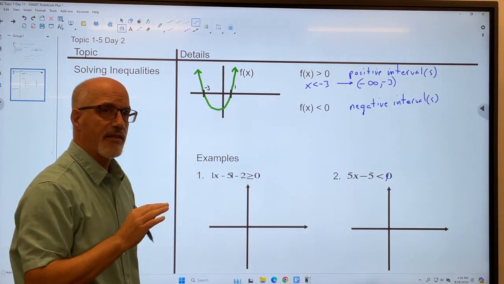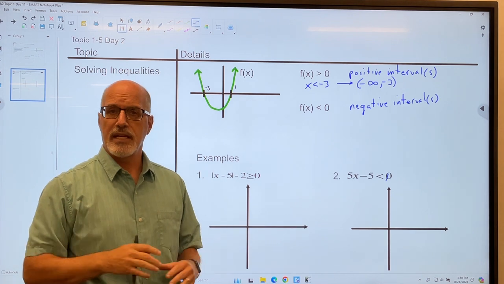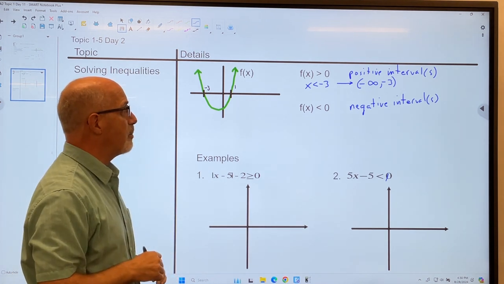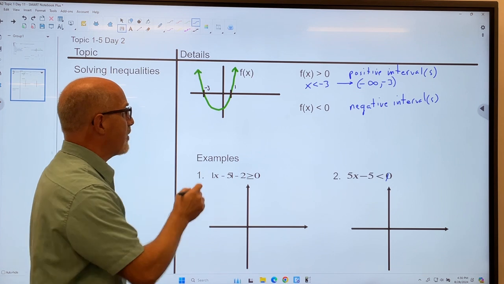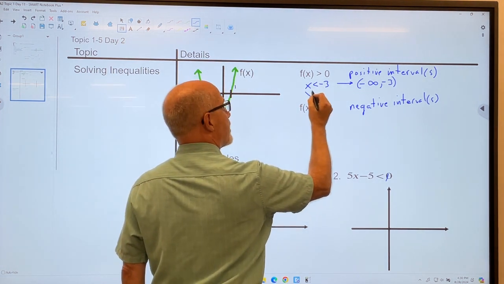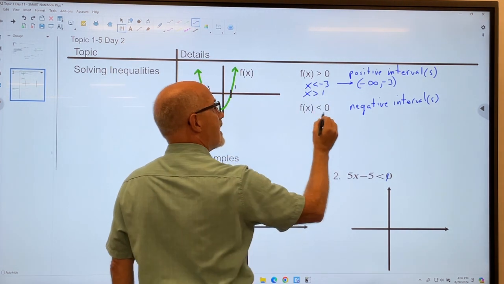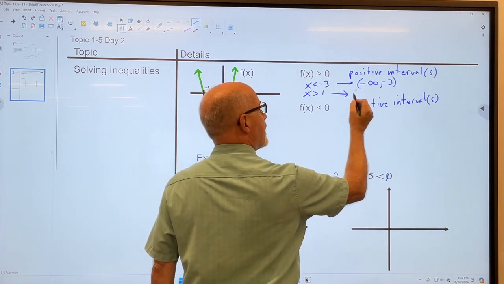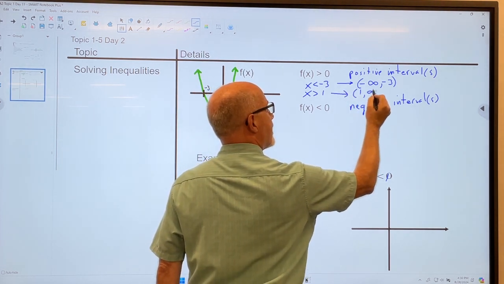Now remember, -3 is a zero, so it's not going to be a positive interval. Now the other one is from x is greater than 1. And so that interval would be 1 to infinity.